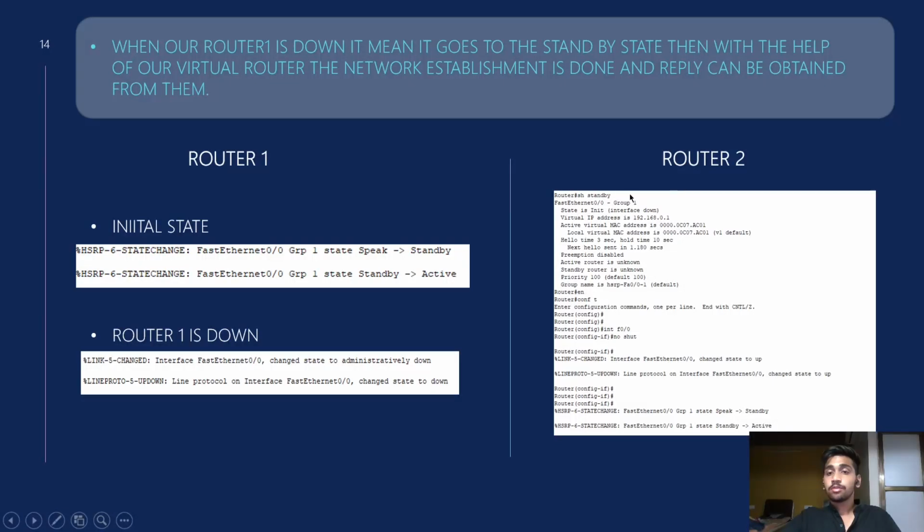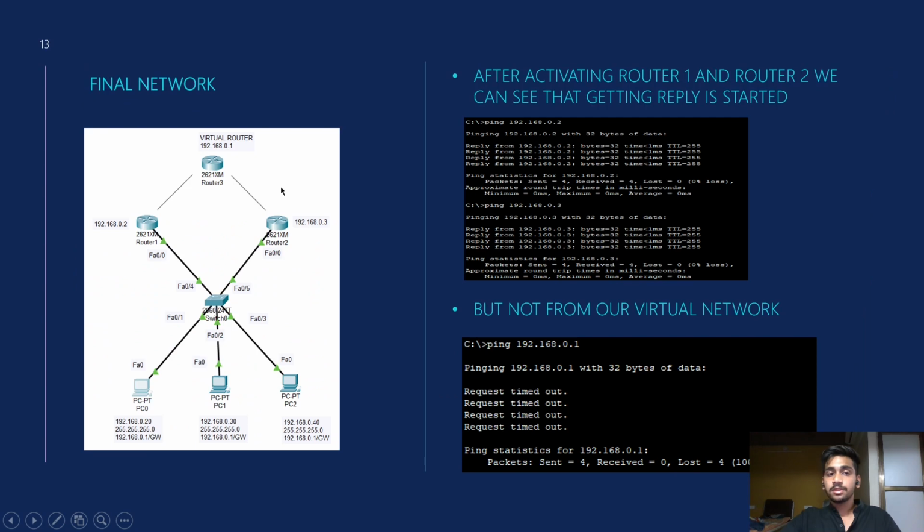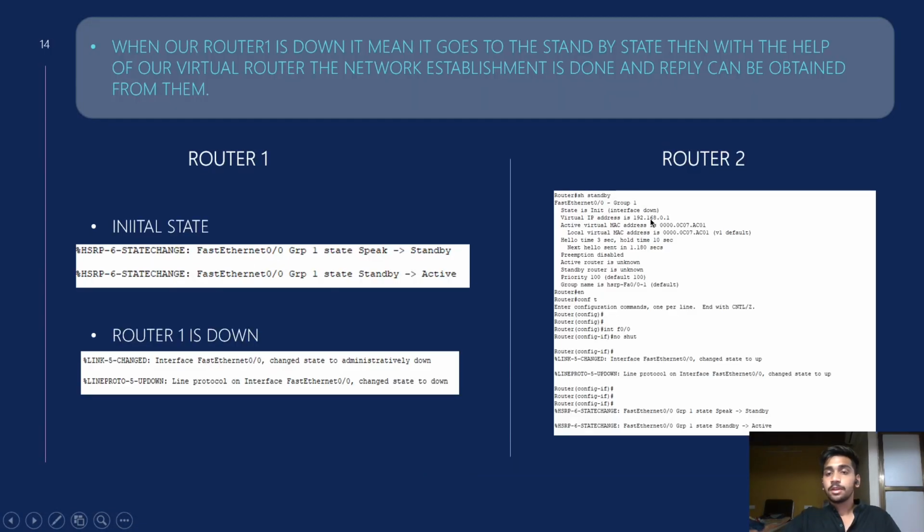Now we will establish its connection via router 2. Router 2 will be accessed by writing the command show standby. We can see that FastEthernet 0/0 group 1 state is initial, interface down, virtual IP address, which was our router displayed in the previous diagram here, 192.168.0.1, and hello time 3 seconds, hold time 10 seconds, as we discussed earlier.